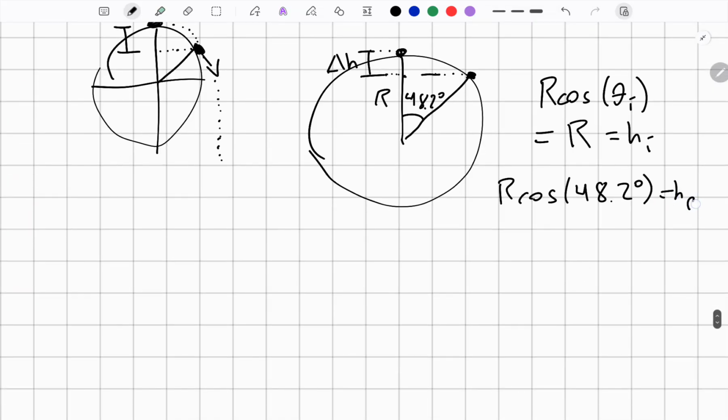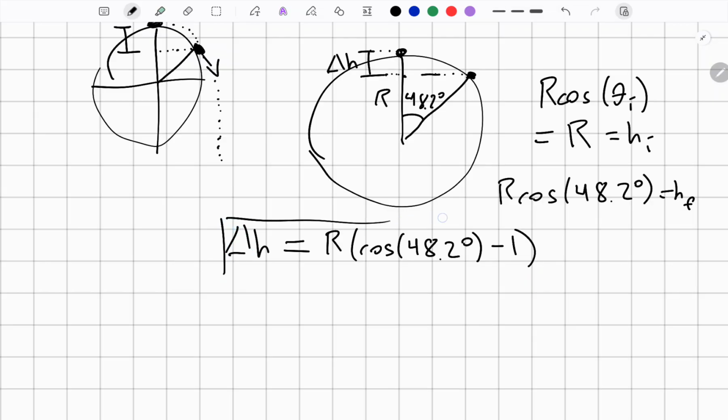So our change in height is going to be R cosine 48.2 degrees minus 1. That's going to be our change in height, and the absolute value of that is going to be the vertical distance descended before the puck leaves the sphere.